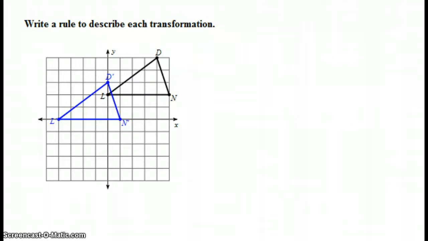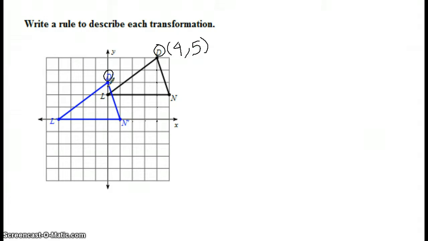The second type of problem is to write a rule to describe each transformation. When I do that, I'm going to start by picking one vertex of the triangle and writing the ordered pair. So I can see that the vertex D is located at positive 4, positive 5.